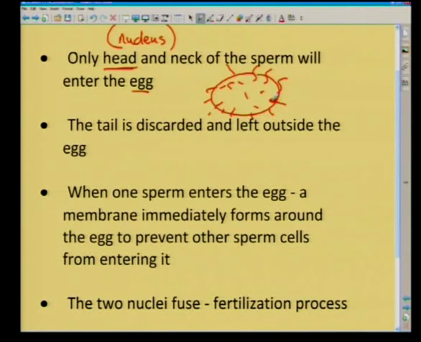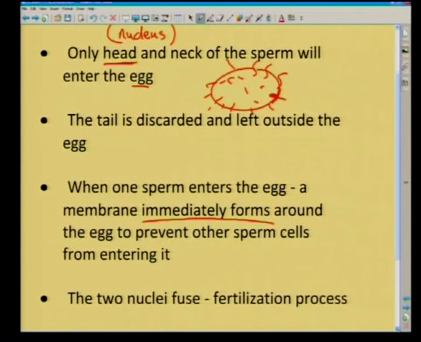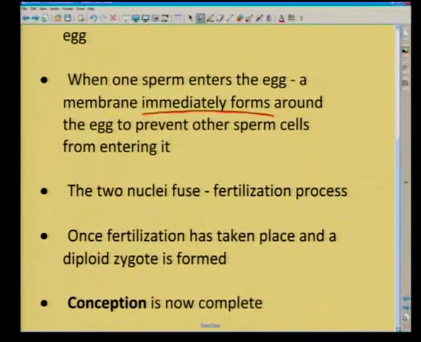As soon as that sperm cell goes in, it closes off and the tail remains behind, and only the head containing the nucleus and a piece of the neck will go in. When the sperm cell enters the egg cell, a membrane immediately forms around the egg to prevent any other sperm from entering it. So we only end up ever with one egg cell plus one sperm cell.